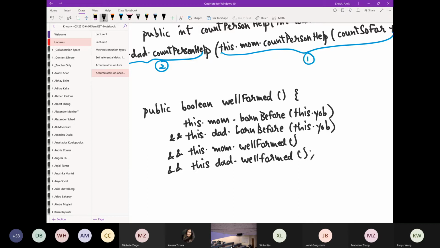If all of these are true, then return true. If even one of these is false, return false, which is why I've used and. So all I need to do is simply return the result of this Boolean expression.